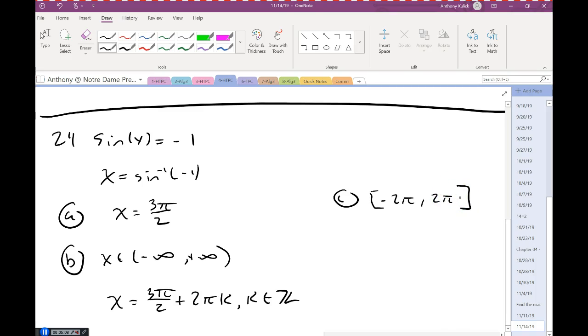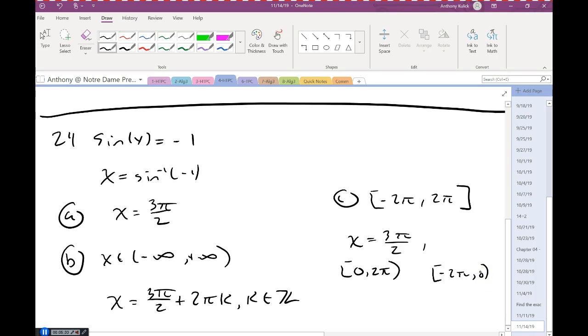C, the interval is from negative 2 pi to positive 2 pi. So clearly my answer for part A is in there because that's from 0 to 2 pi, right? Now there's also another answer on the interval from negative 2 pi to 0.